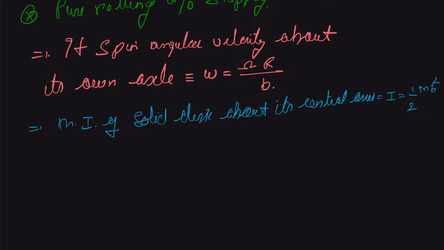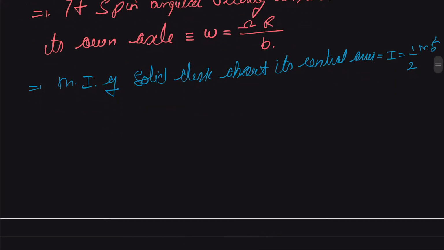Therefore we can write that the spin angular momentum, let us suppose that spin angular momentum is our L, then this L will be equal to I times omega.